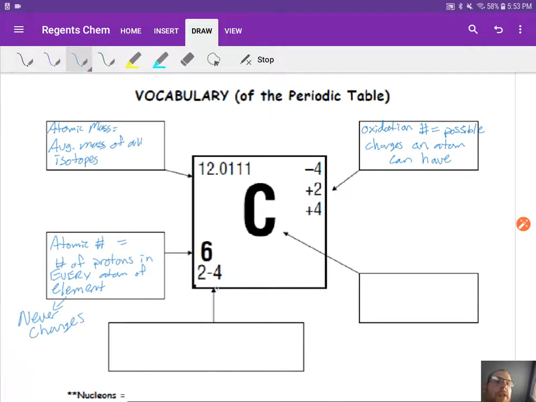The number right below that has some dashes. You can see some are longer and some are shorter. These are called electron configurations. We will talk more in depth about these later in this unit.